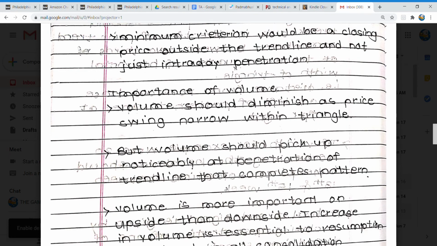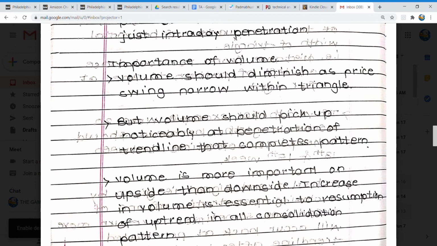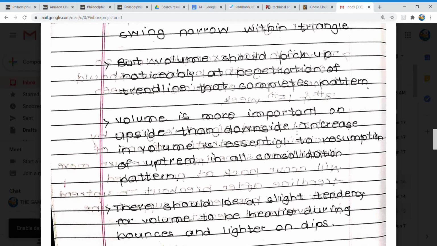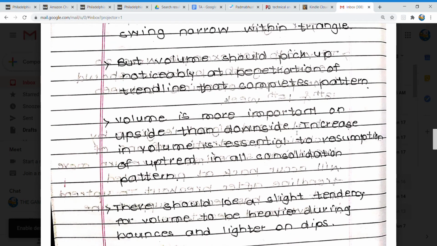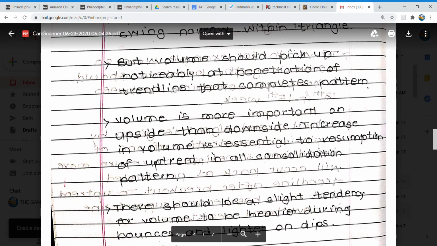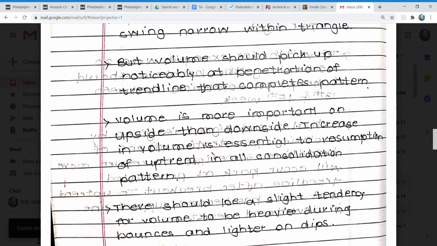Then volume is more important on the upside than the downside. An increase in volume is essential to resumption of an uptrend in all consolidation patterns.